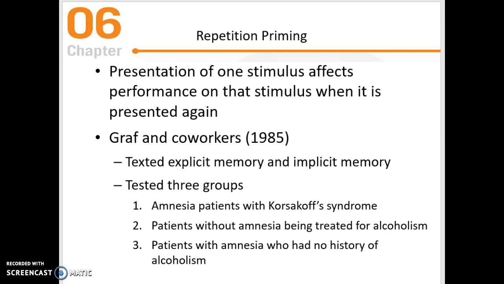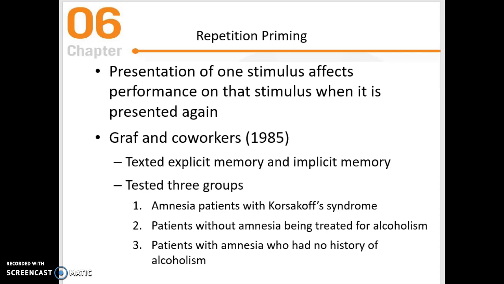One particular type of brain damage is Korsakoff's syndrome, when the amount of alcohol a patient has had over their lifetime leads to significant brain damage and amnesia. Then you have patients without amnesia who are being treated for alcoholism, so that was a control level there. And then finally you had patients with amnesia who had no history of alcoholism.